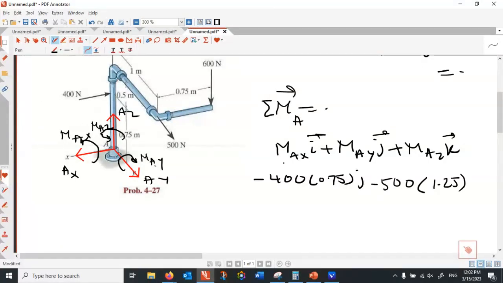And the unit vector for that is I. And finally, that of 600, that rotation is in the XZ plane, and therefore the rotation is in the J direction. So that is again in the negative J, that's minus 600.